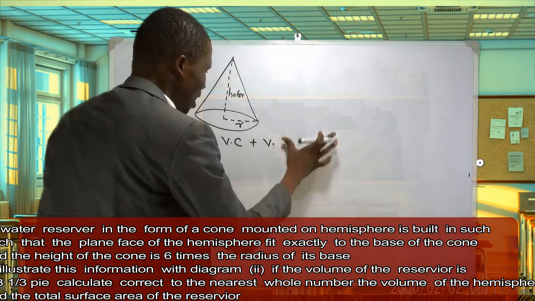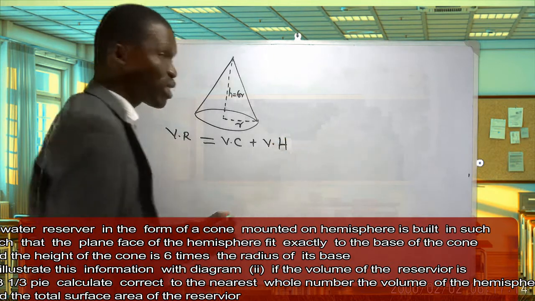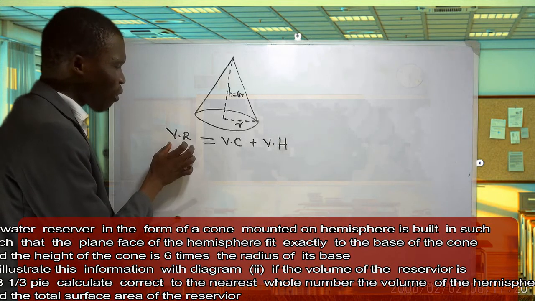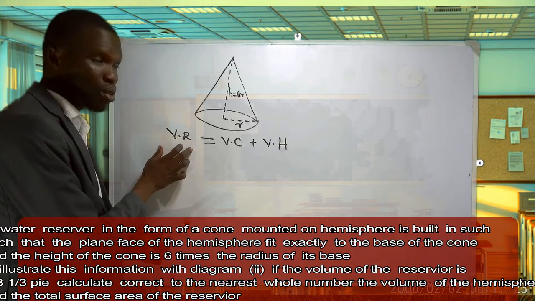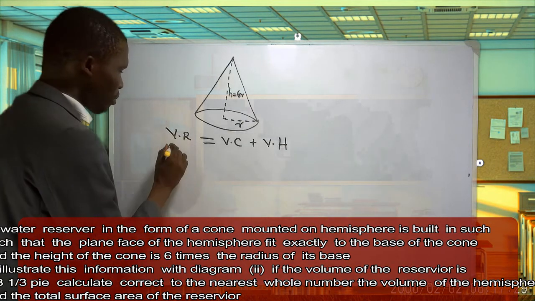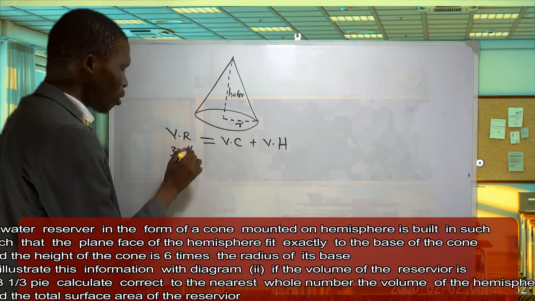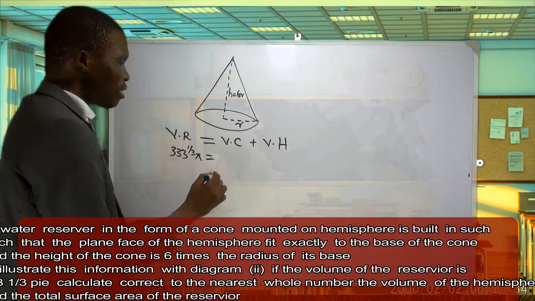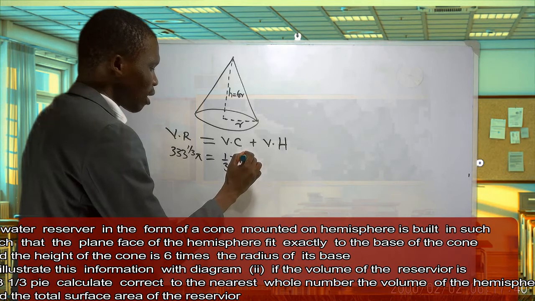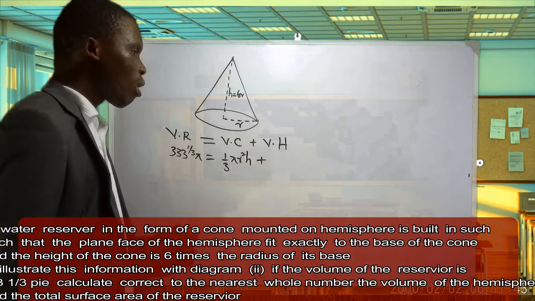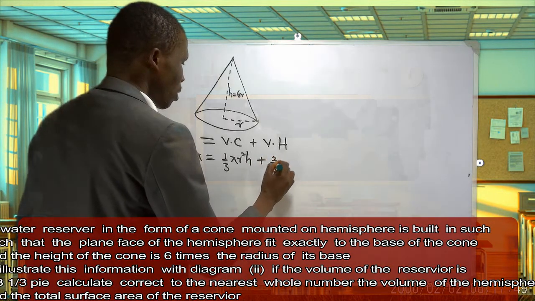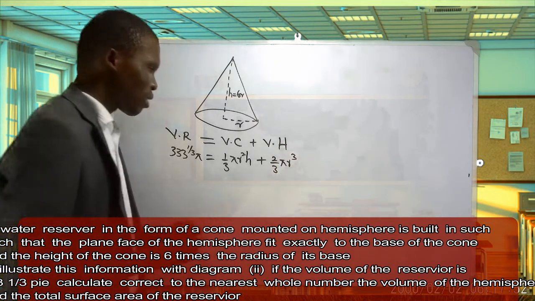So let's represent the reservoir with R, and the hemisphere with H, because hemisphere starts with the letter H. The volume of the reservoir has been given to us in the question as 333 1/3 pi. The volume of a cone is 1/3 pi r squared h, while the volume of a hemisphere is 2/3 pi r cubed.